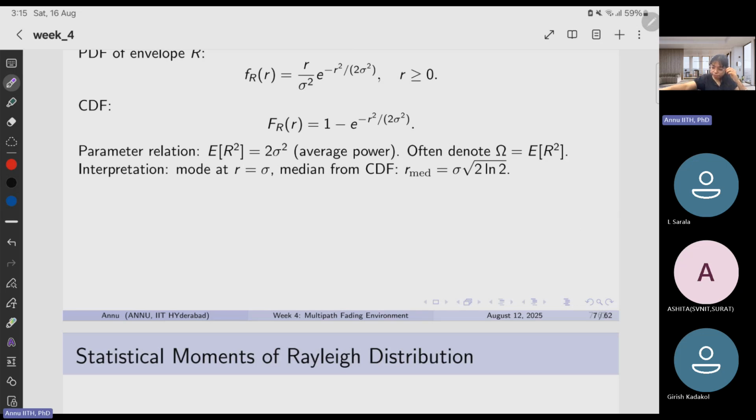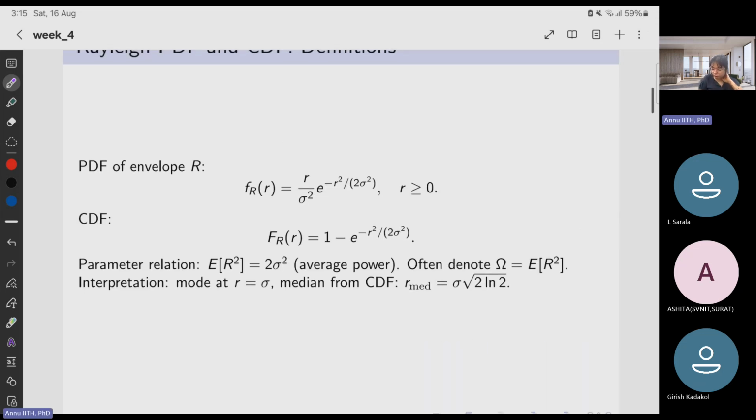And so these are the PDF: f_R(r) is equal to r by sigma squared e to the power minus r squared divided by 2 sigma squared. And since the R component is involved, it will be looking like this. f_R(r).